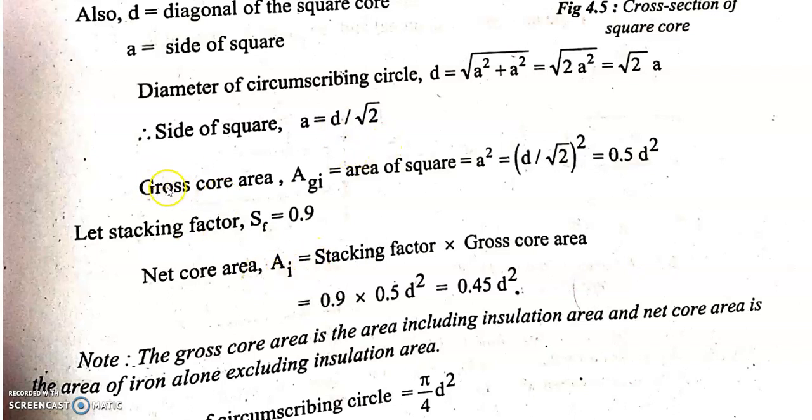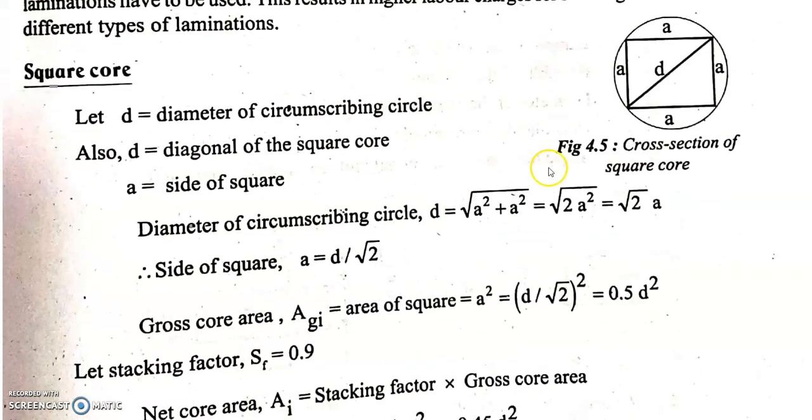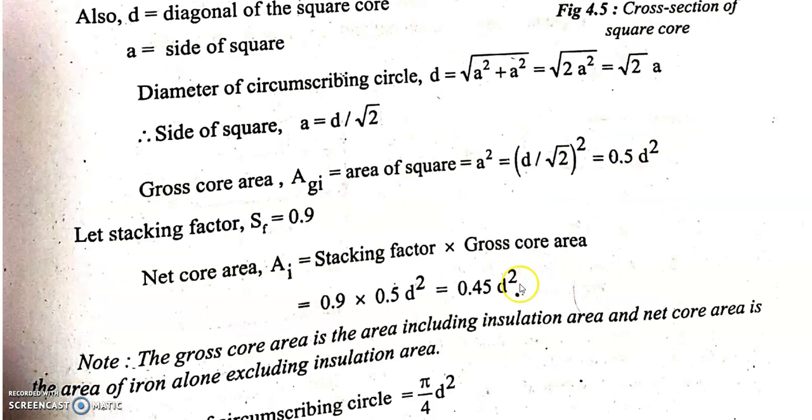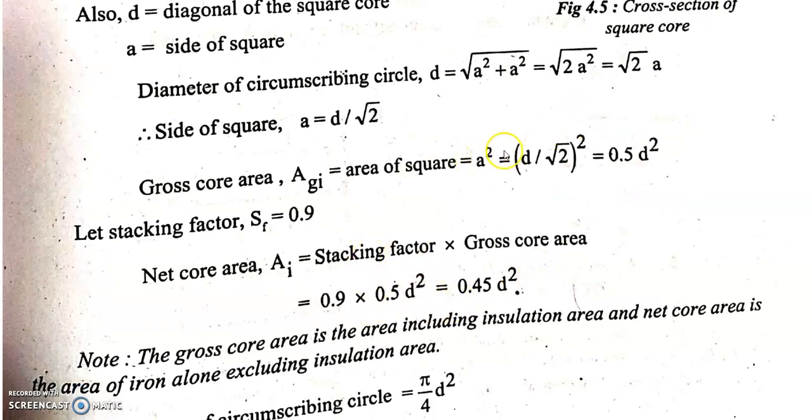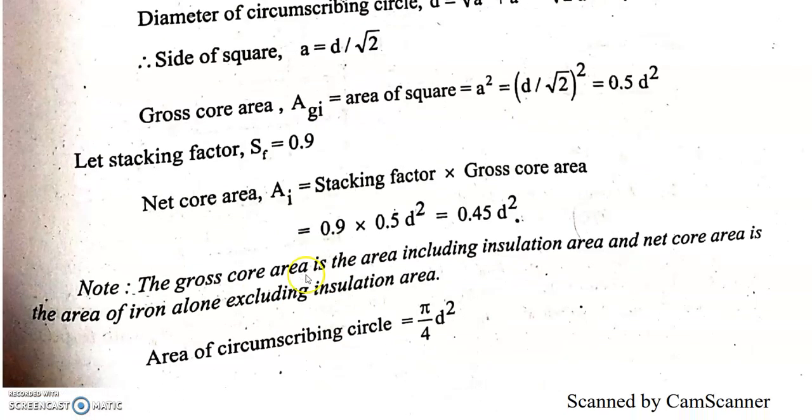The gross core area is simply the area of the square, because it is a square core. So it is a square, with a in terms of d being d by square root of 2, so 0.5 d square is the gross core area of a square core. For the net core area, we exclude the insulation, and so a stacking factor is assumed, which is 0.9 in a transformer. On substituting this, we get 0.45 d square as the net core area of the transformer.